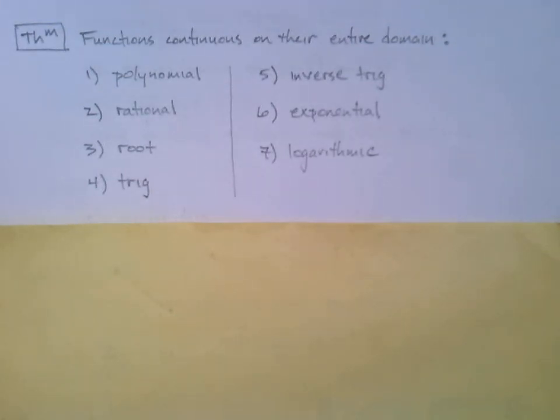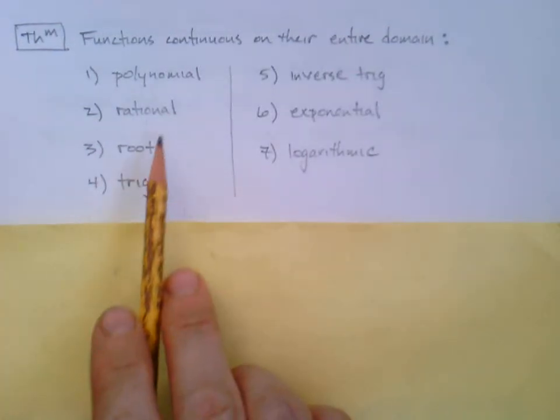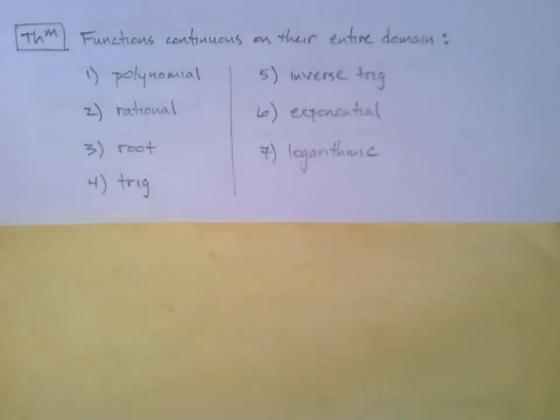Where like a jump happens. We even saw that in the previous example a moment ago. It was continuous from the right, but not from the left because there was a jump going on. Yet the x value, x equals 1 in question, was a domain value. So yes, there are vertical asymptotes and there could be holes, but those are not included in the domain. So we can get away with this.